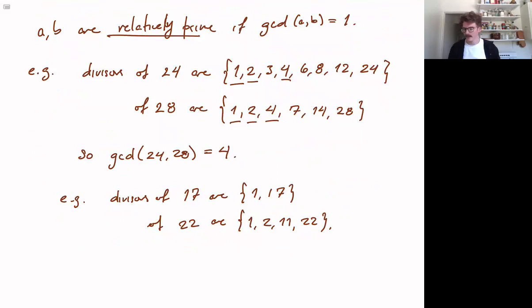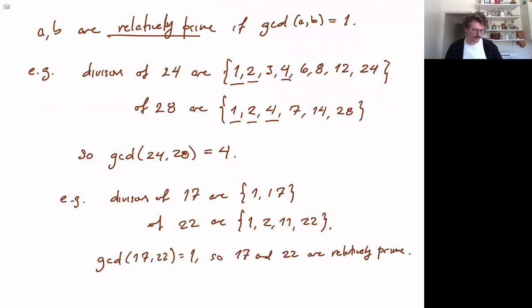Again, comparing these lists, we find their greatest common divisor this time is 1. So we say they are relatively prime. Cool.